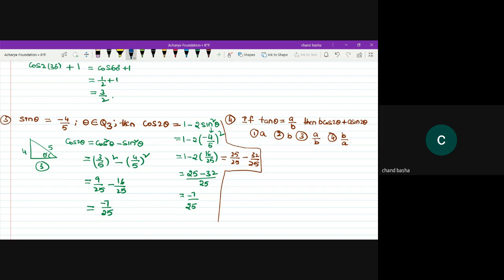Hope you'll get the answer. B into cos 2 theta, and sin 2 theta, this is what he is asking.